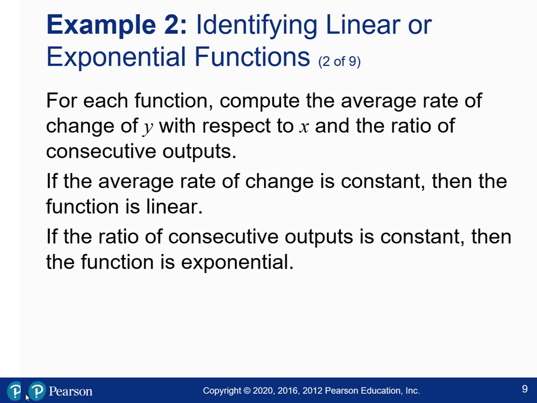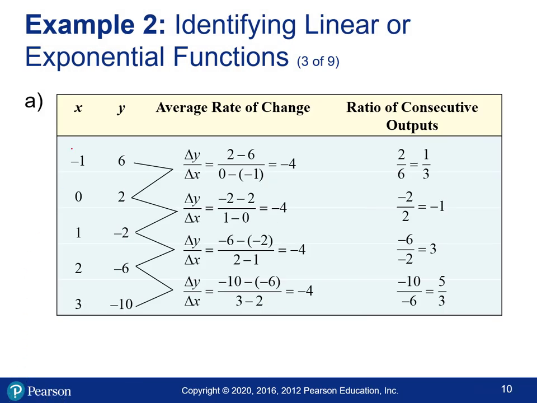All right. So from part A, we have our x values and our y values. Between two points, notice this is an ordered pair on our graph, and this is the next point on our graph. If we take the rate of change, or the slope, between those points, that's -4.